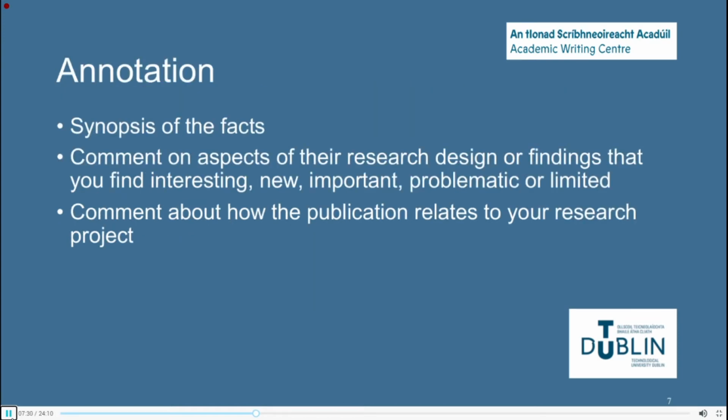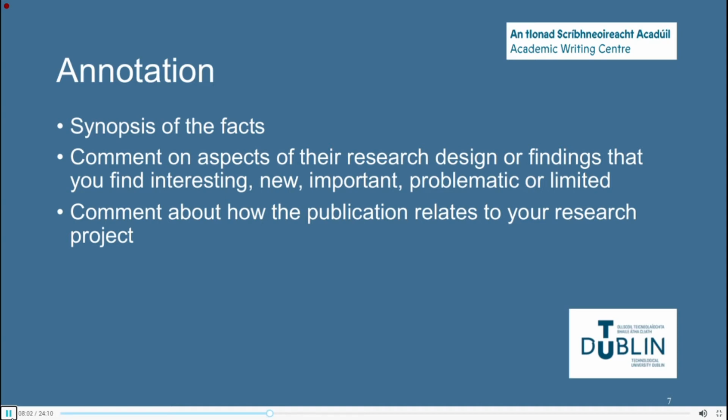So we move on to this aspect of annotation, and annotation is also an important way of developing your writing because it gives you a good review and not just a summary of the literature. Through your annotation, you can identify issues in the sources, what you find interesting, what is new, what is important, problematic, or limited.